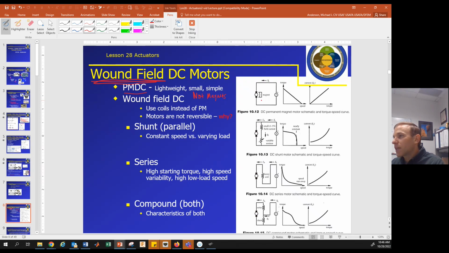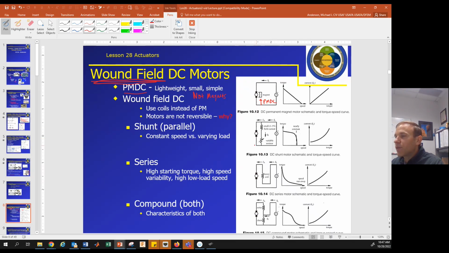This sketch shows what a PMDC motor would look like. There's a permanent magnet, and it's interacting with the rotor that is getting a changing current to get a changing magnetic field. In a wound field motor, instead of a permanent magnet, we have another coil of wires that's providing that additional magnetic field.